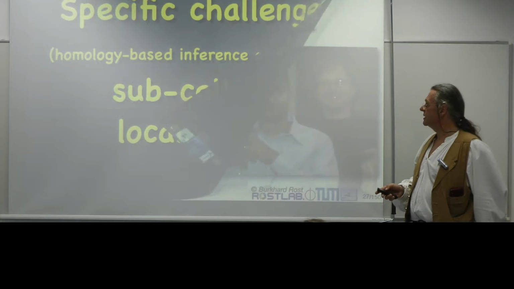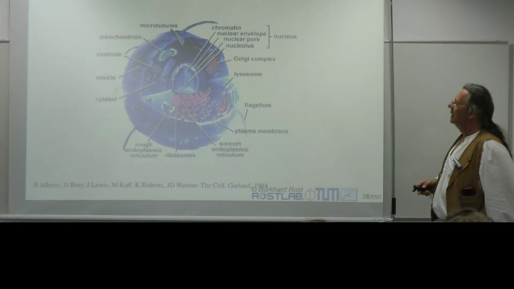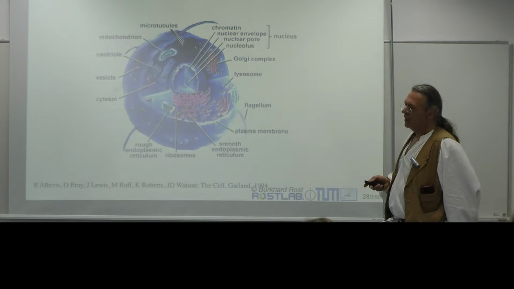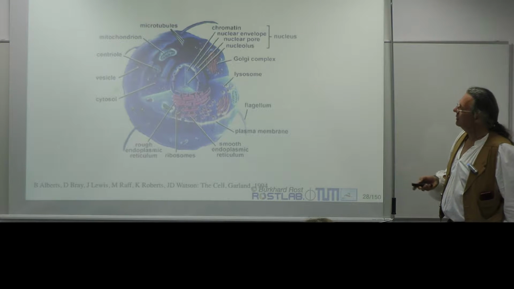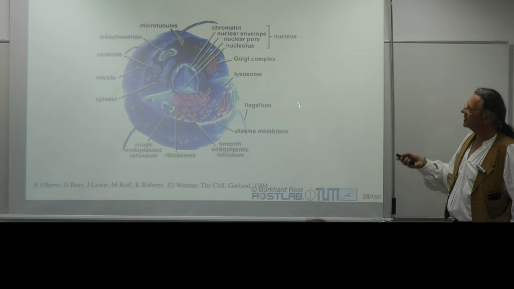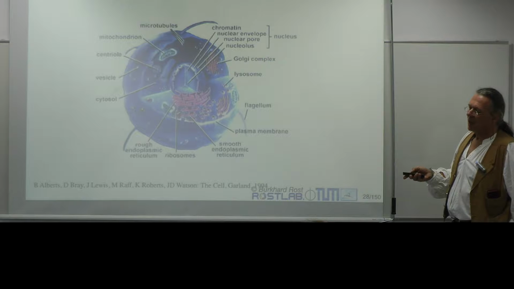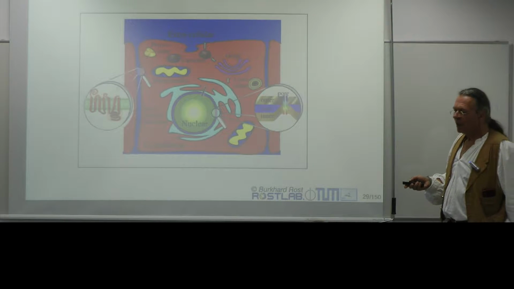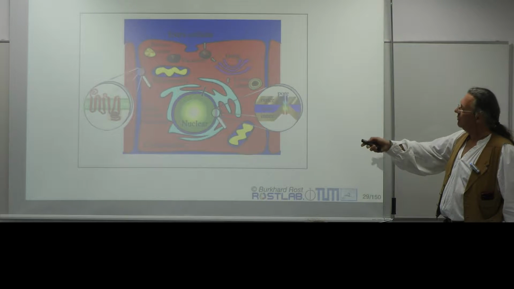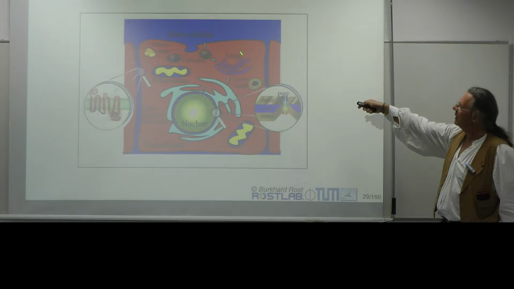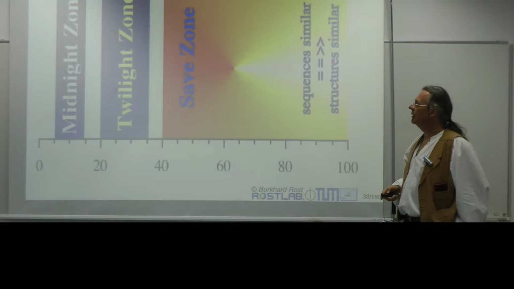Okay, so this is work that goes back to Regis Nair, and ultimately we're trying to do subcellular localization. This is a eukaryotic cell, the different compartments, and essentially in the simplest way, I believe the original data from Regis really looked at nuclear, cytoplasmic, extracellular, so in a very simple way.